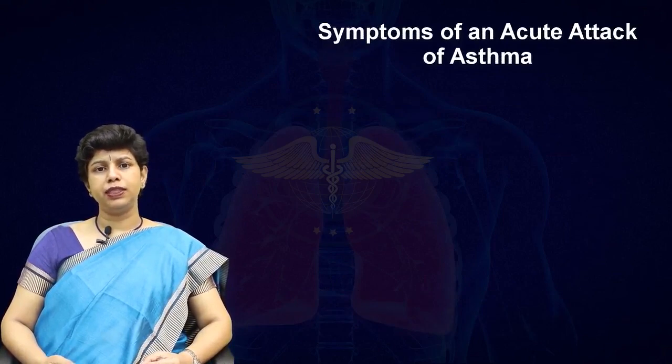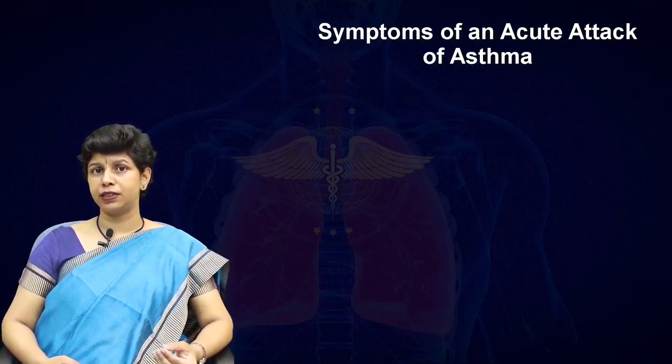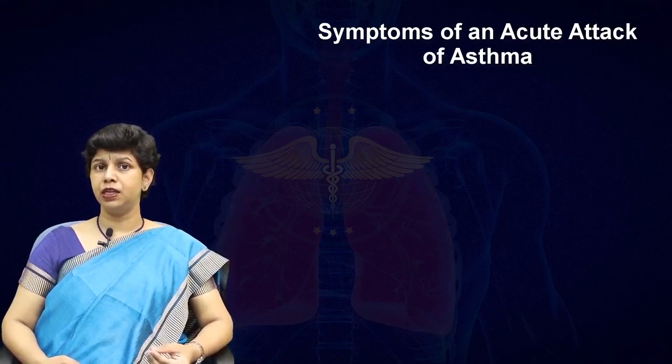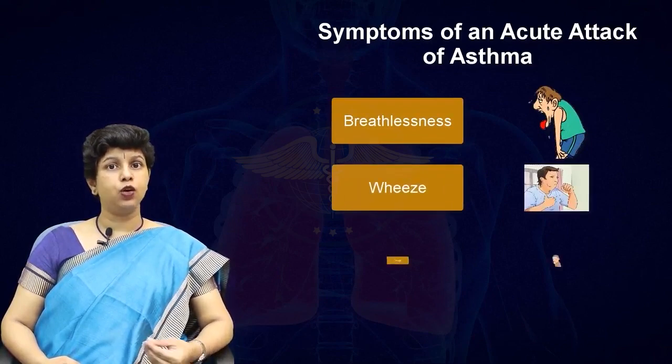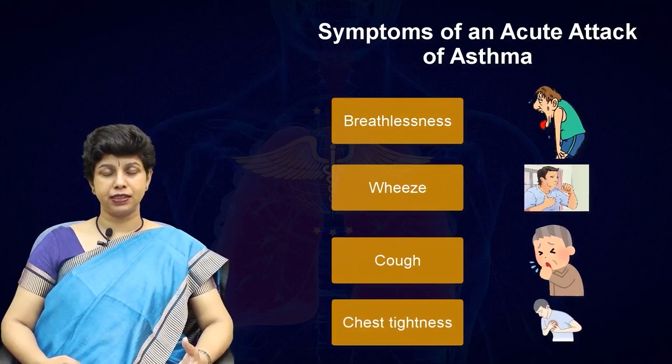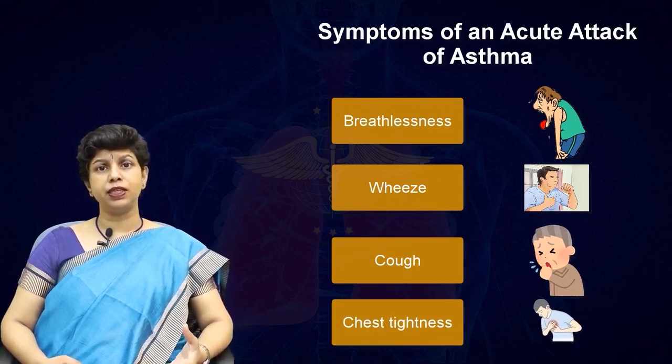We all know that when a patient comes to us in an acute attack of asthma, the patient comes with breathlessness, wheeze, cough, and chest tightness. This is a very common scenario that we see in our clinical practice.